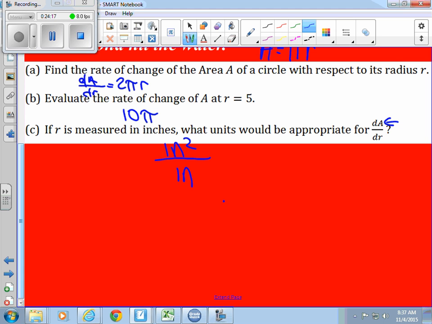The kind of units you would get on area would be square units, and since we're in inches, it would be square inches. If r is measured in inches, wouldn't area also be in inches? It's just square distance, because it's area instead of just a distance. So you put the units of A over the units of r.